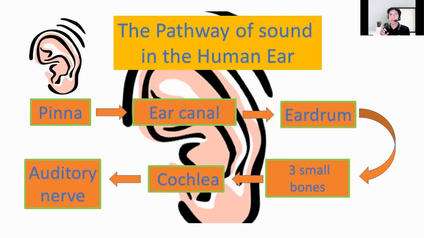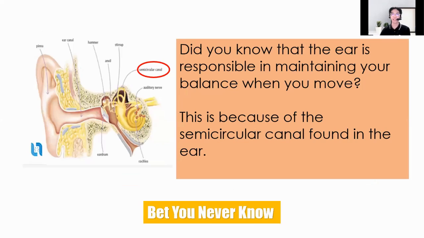vibrate also, and these vibrations are then transferred to the cochlea, and the fluid inside the cochlea vibrates, reaches the auditory nerve, and the auditory nerve sends messages to the brain, and the brain interprets what you are actually hearing. Did you know that the ear is responsible in maintaining your balance when you move?